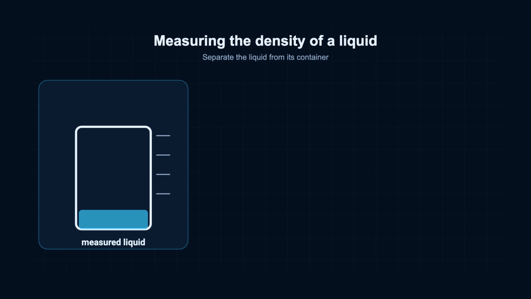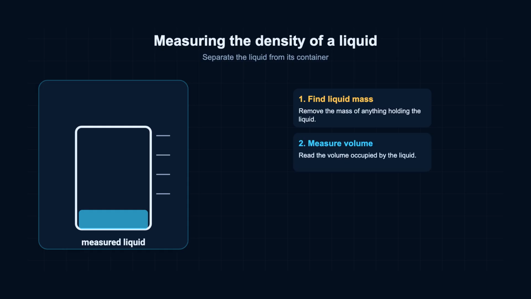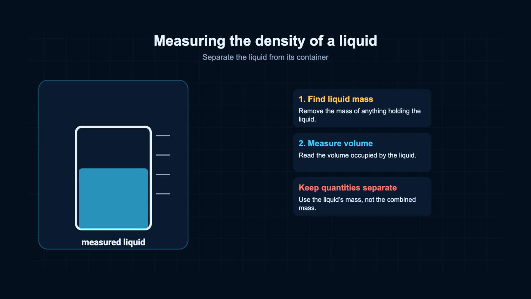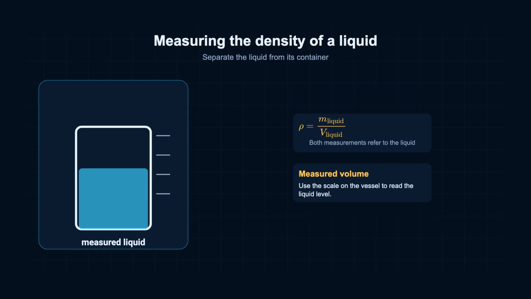For a liquid, you need the mass of the liquid itself and its measured volume. Find the liquid's mass separately from anything holding it and measure the volume of liquid. Then use density equals mass of liquid divided by volume of liquid.